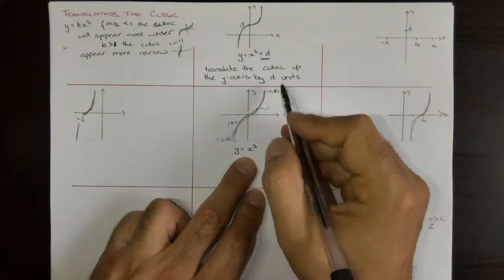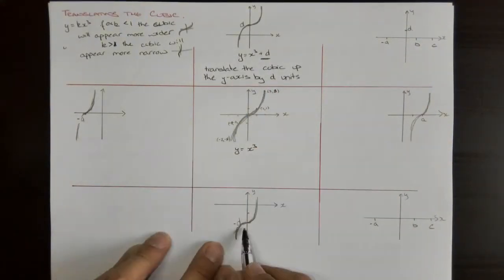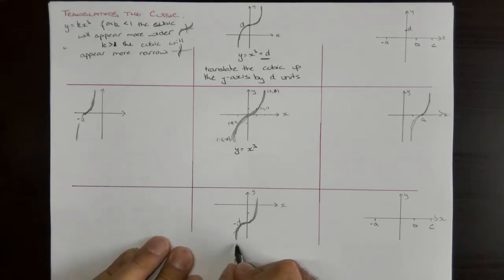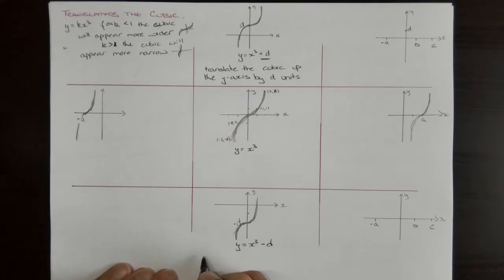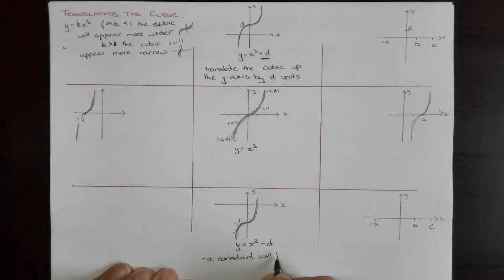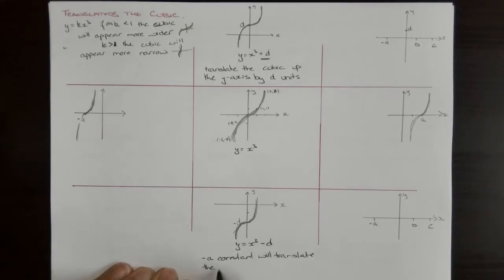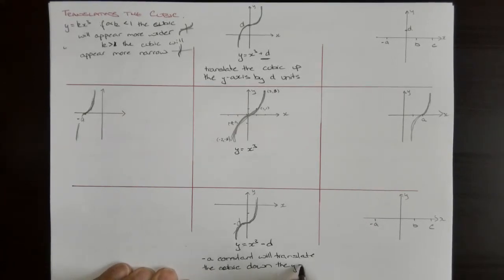And if we subtracted d, it would translate it down. So this is y equals x cubed minus d. Minus a constant will translate the cubic vertically down the y-axis.